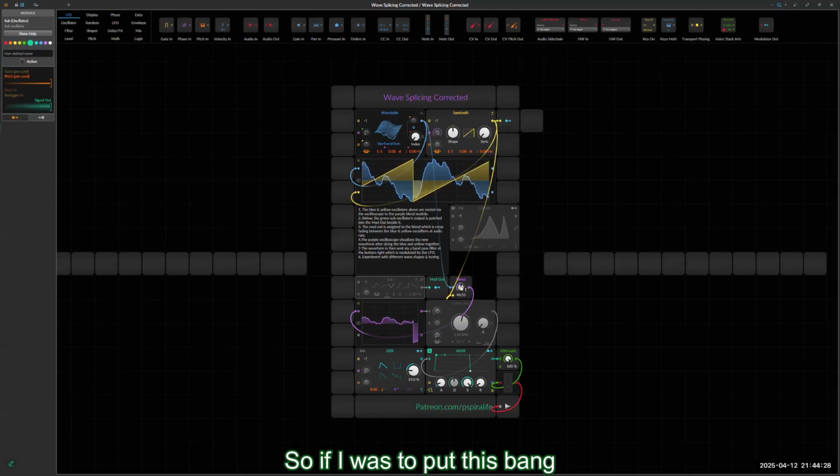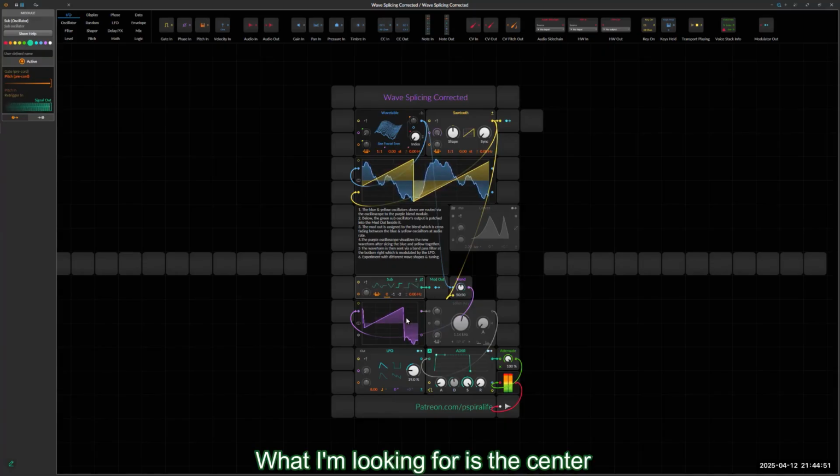If I was to put this bang in the middle, 50-50, and maybe I'll get this back on, and I choose a square, what I'm looking for is the center line, halfway between the duty cycle of the waveform.